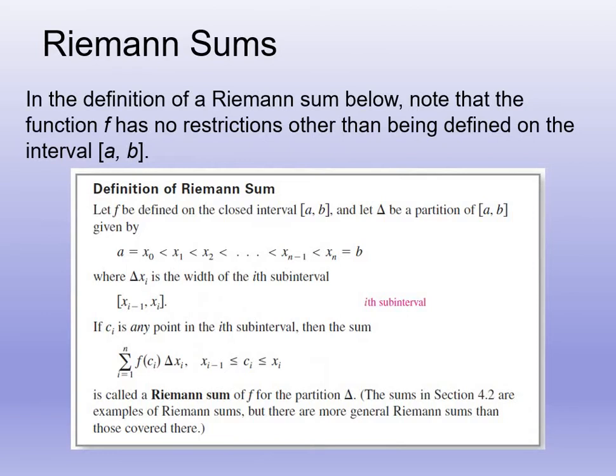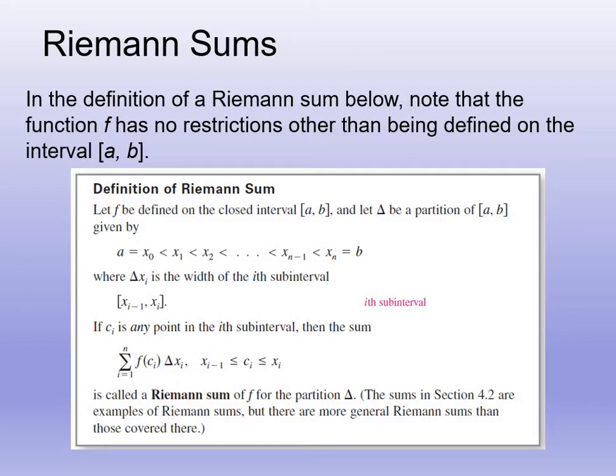So what did we really just do? We did what we call a Riemann sum. For us, we're going to let f be defined on a closed interval from a to b, and we're going to have delta be a partition of a to b. When we work through all this, it's really just the sum we just did, the sum from i equals 1 to n of f of c sub i times delta x.